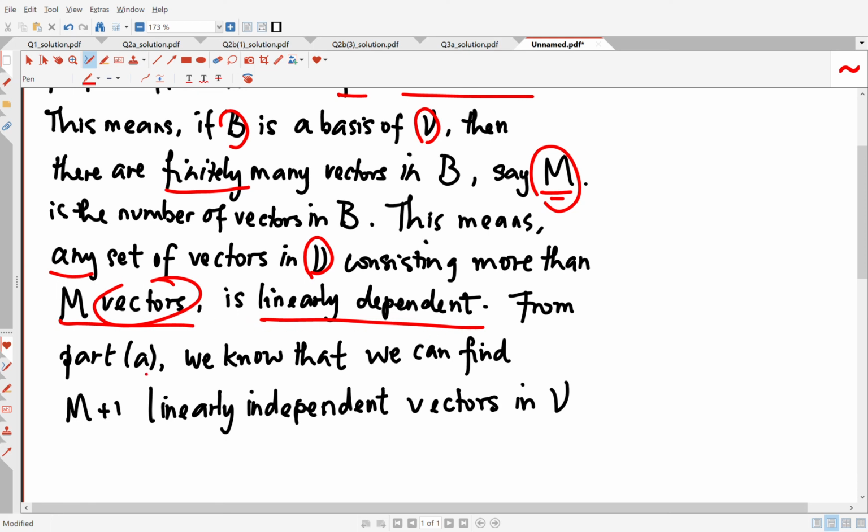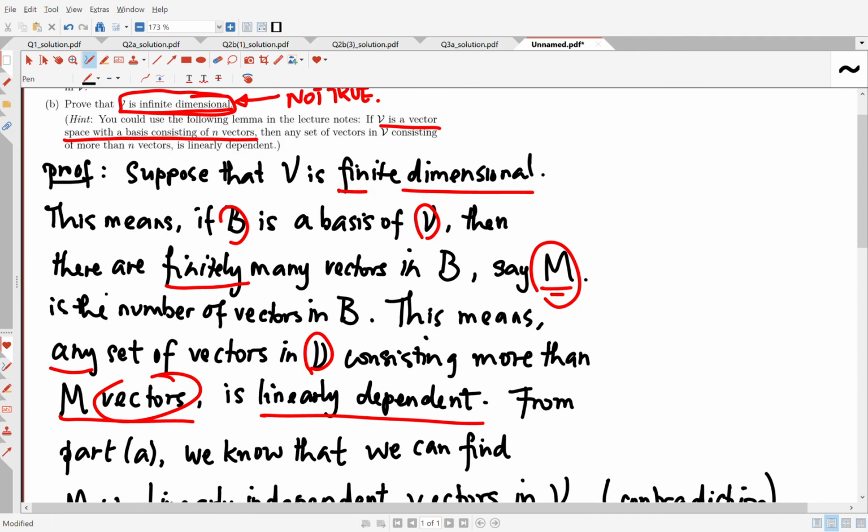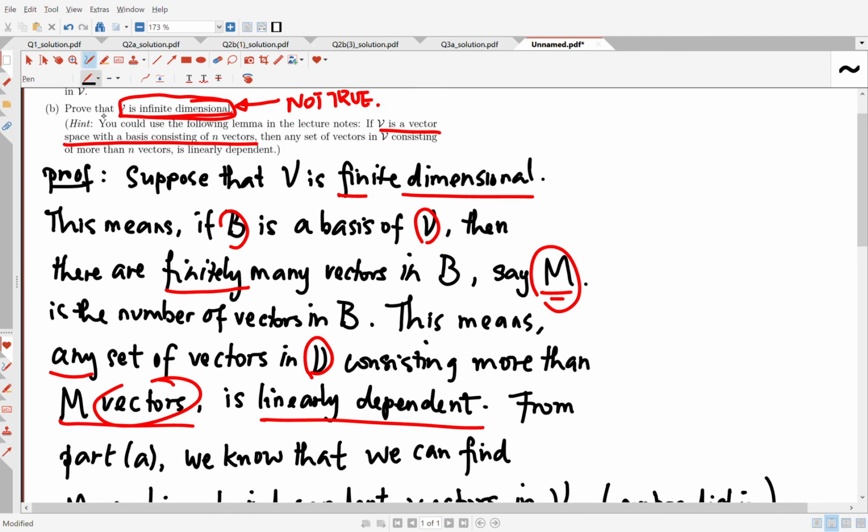But from part A, which is the thing that we proved, we know that we can always find m plus 1 linearly independent vectors in V. So we have found a contradiction. So this is false. So V is not finite dimensional.